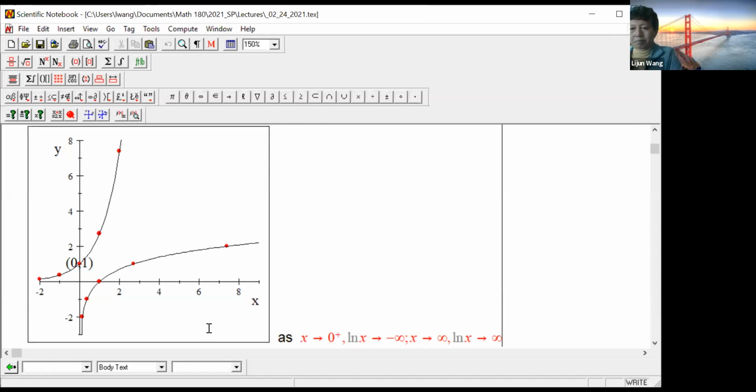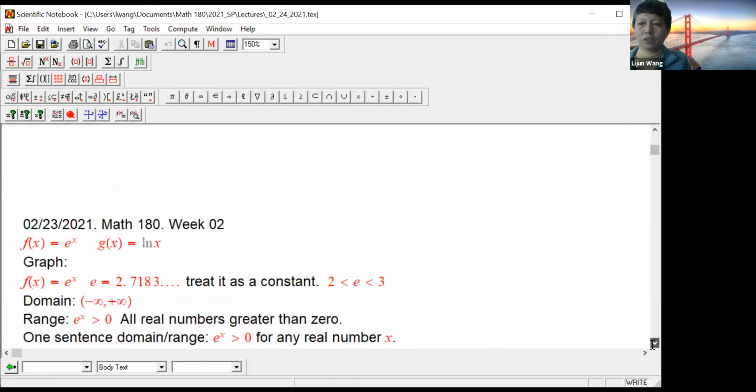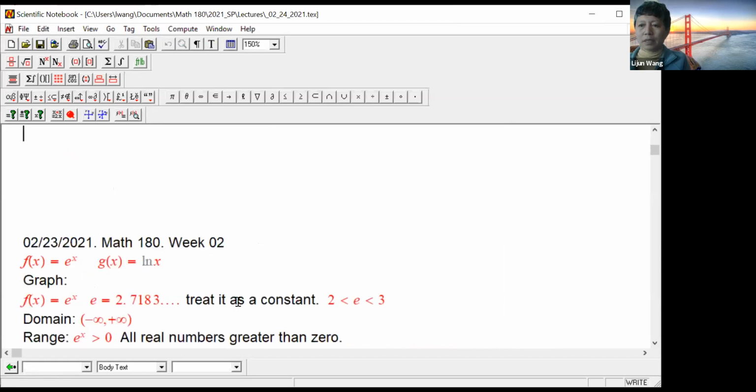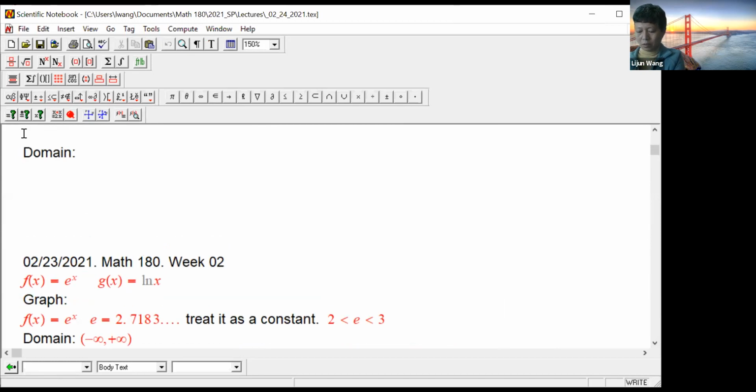All right. And what else is there? We did ln x. And domain and range summary. g of x, so I'm just going to summarize this, and we're going to put a table together. ln x: the domain is, what is the domain?